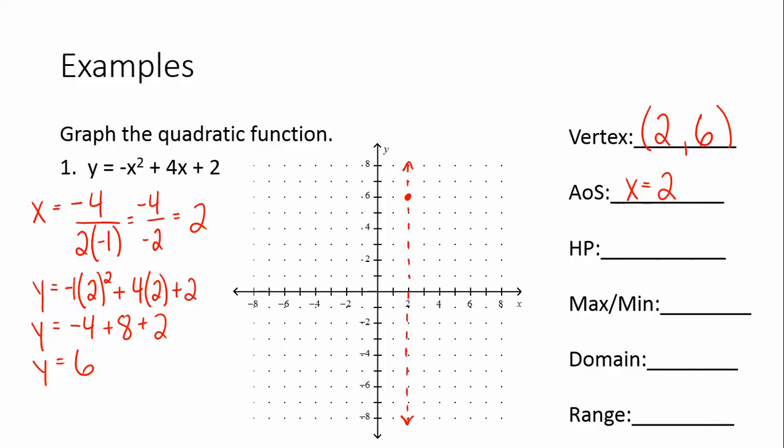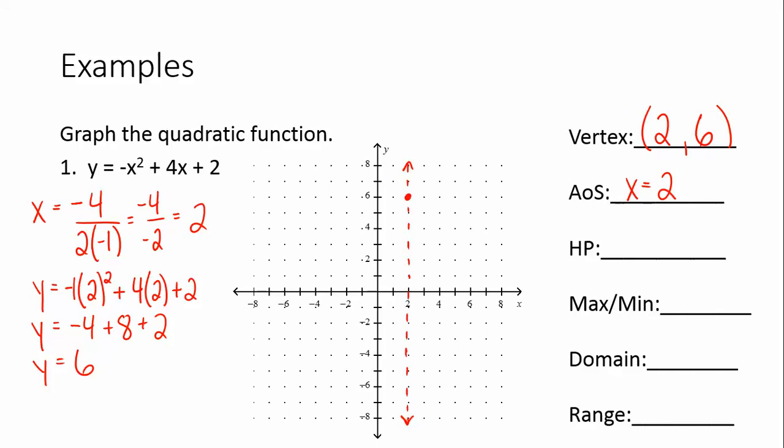Next, we can talk about a helper point. We can talk about max or min. We can even talk about domain and range at this point. But the easiest place to go from here is to a helper point. What a helper point means is you're going to pick any x value you want. You're going to plug that x value into the function, similar to what we did to find the y-coordinate of the vertex, so that we can find one other point that's on the quadratic function, or on the graph.